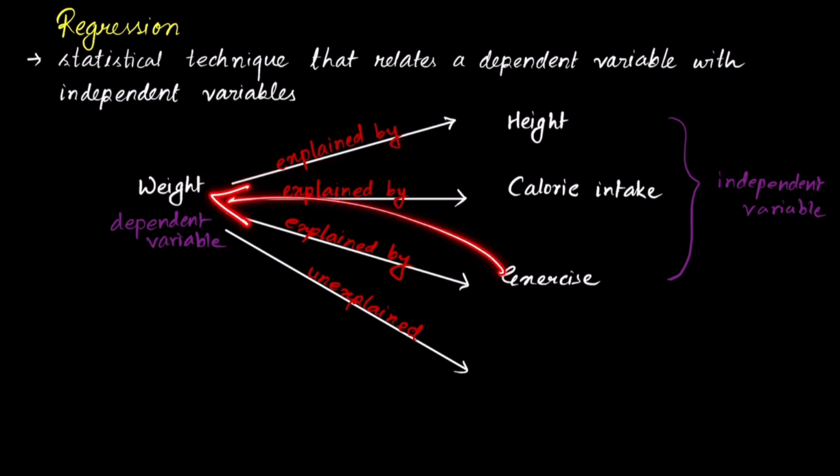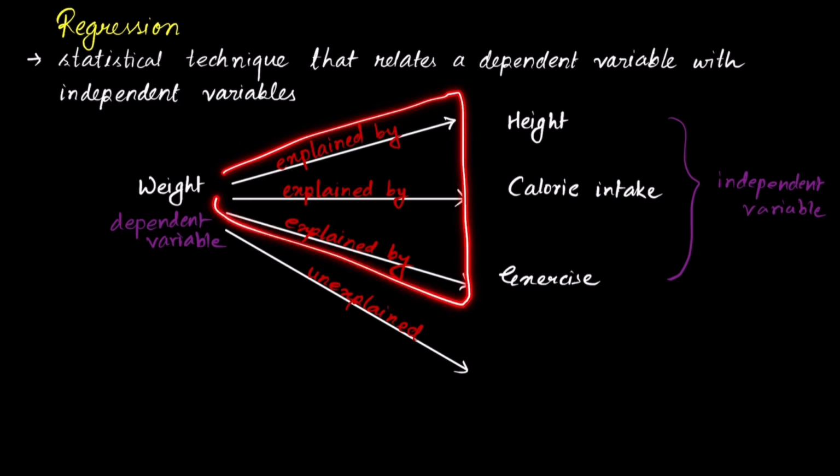How much you exercise is also not necessarily dependent on your weight. What regression does is that it gives you the answer to the question, what percentage of an increase in weight is explained? What percentage of increase in weight is unexplained?